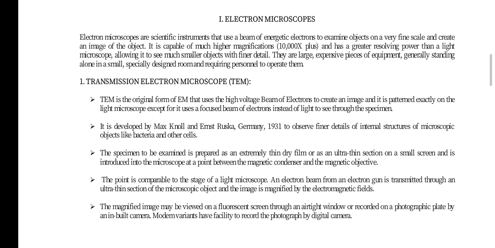The point is comparable to the stage of a light microscope. An electron beam from an electron gun is transmitted through an ultra thin section of the microscopic object, and the image is magnified by the electromagnetic fields.